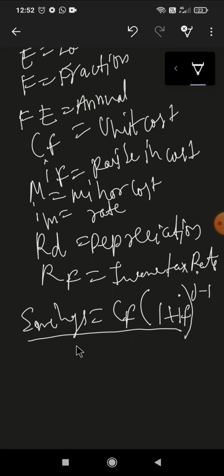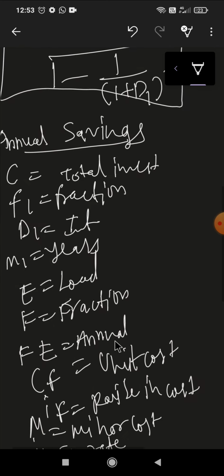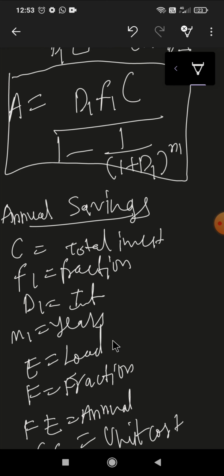So the annual repayment on the loan. How much repayment on the loan has to be done? As we have seen in the last topic, the repayment will be D1 F1 C upon 1 minus 1 upon 1 plus D1 raised to N1.